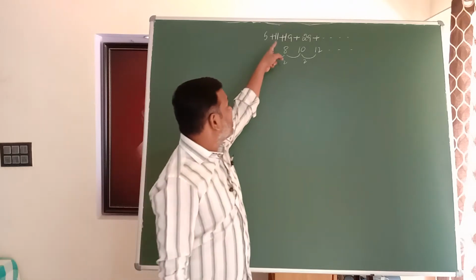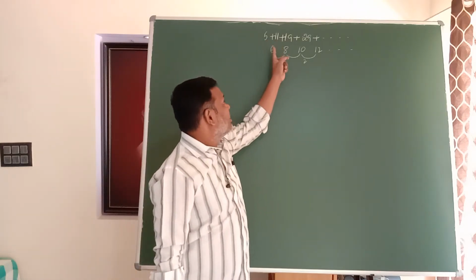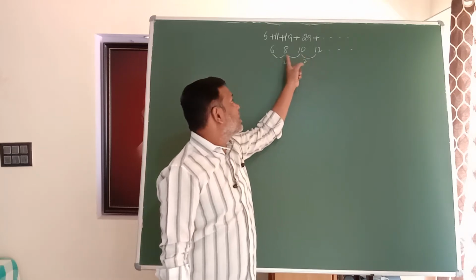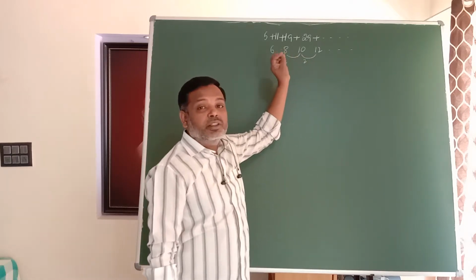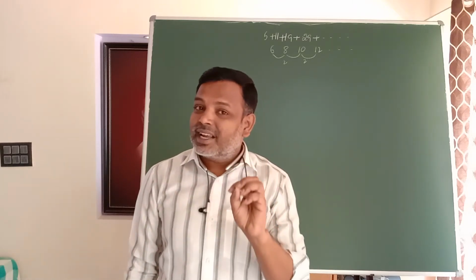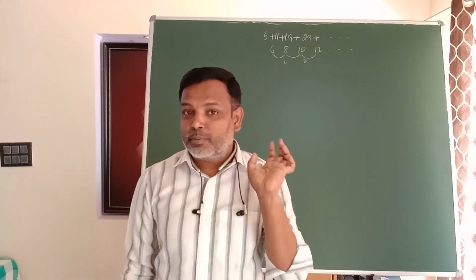But when you take the differences, they belong to an arithmetic progression because there is a common difference. So by taking differences, the resulting sequence becomes an arithmetic progression.